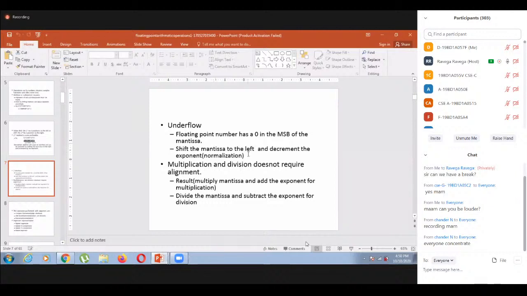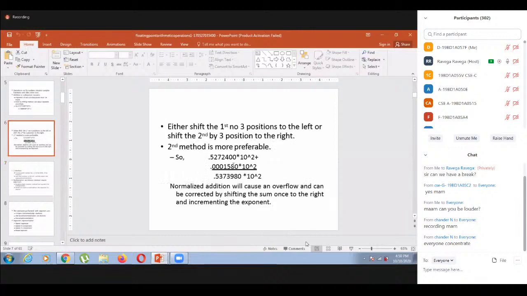Coming to the subtraction operation, the subtraction follows the same procedure as the addition. The same operations with the same procedure will be followed in the subtraction. So you subtract the digits.